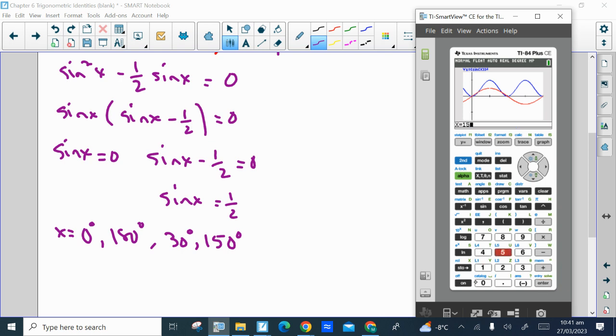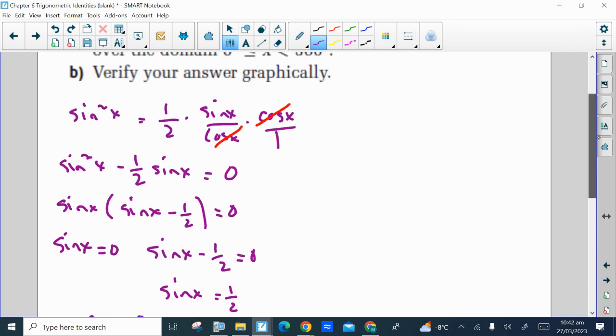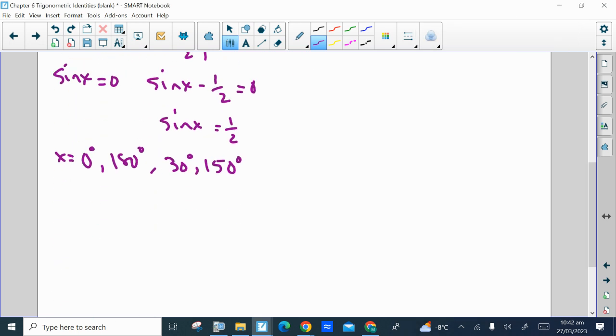Checking 150. That is a value on that graph because we get a y value return. Checking 180 also is a point on that graph because we get a y value return. So all 4 points work.